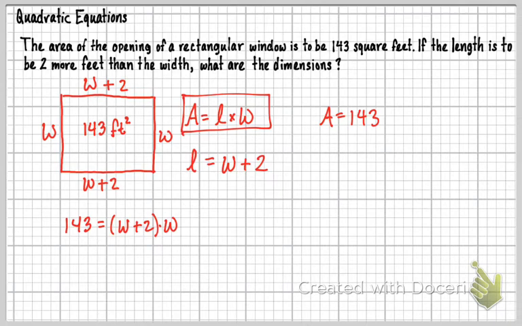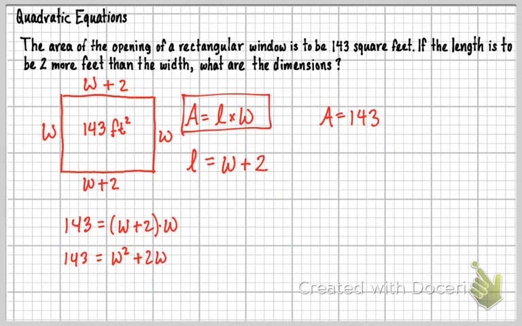So now I'm just going to use the algebra that we did in any of the previous problems. If you like one method better than the other on these word problems, you can use any method you choose. That's kind of what's nice about it. So this is 143, and then when I distribute here, this is going to be W squared plus 2W.